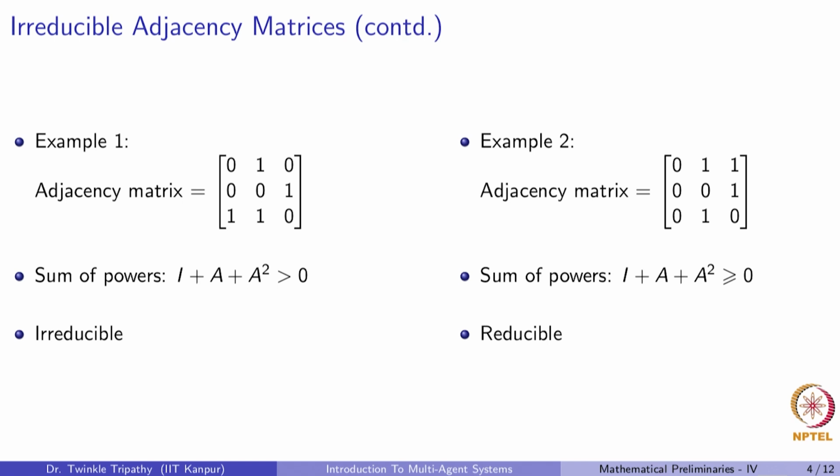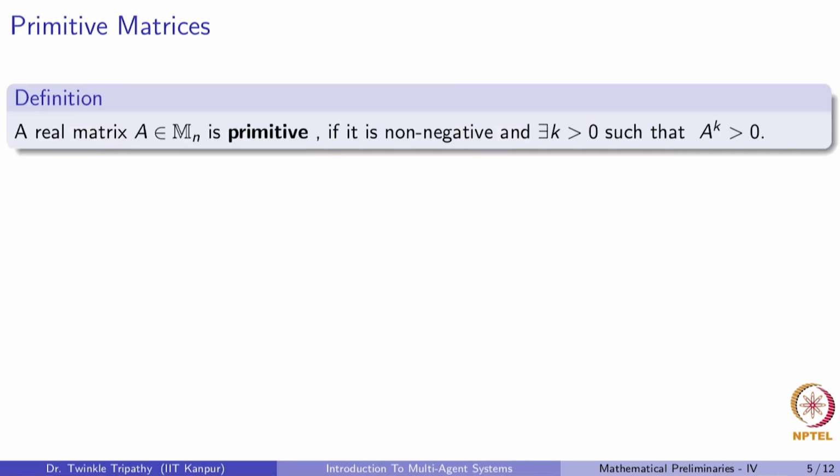Now, similar to the notion of irreducibility, we have yet another kind of non-negative matrix, which is known as a primitive matrix. Now, what is a primitive matrix? Again, it's a real matrix, and it is primitive, first of all, if it is non-negative, and there must exist some positive integer, or natural number k, such that A raised to the power k is greater than 0.